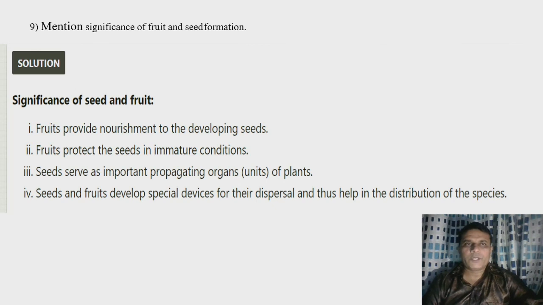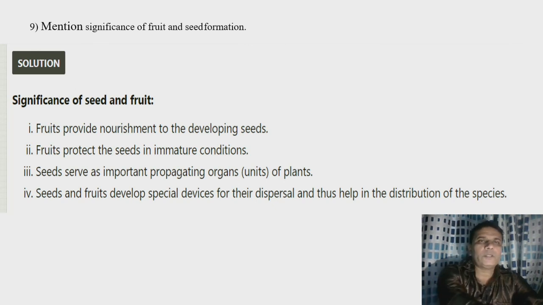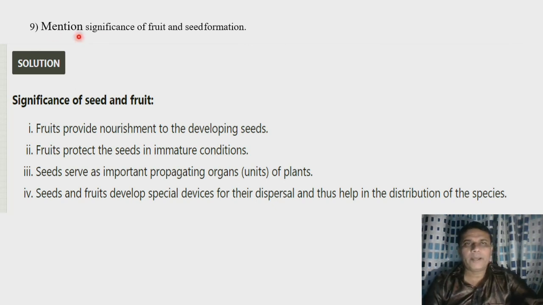Now the next question is: mention the significance of fruit and seed formation. Now you know that after fertilization, ovule develops into seed and ovary develops into fruit. While writing the answer, you will have to write any 4 points regarding the significance of seed and fruit. Now the first point is that fruits provide nourishment to the developing seeds.